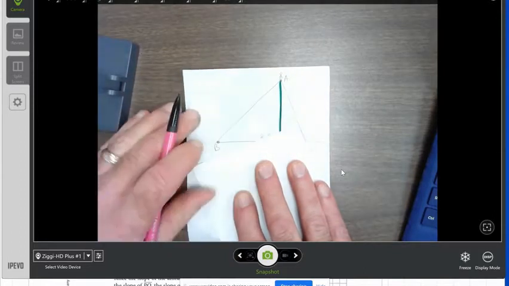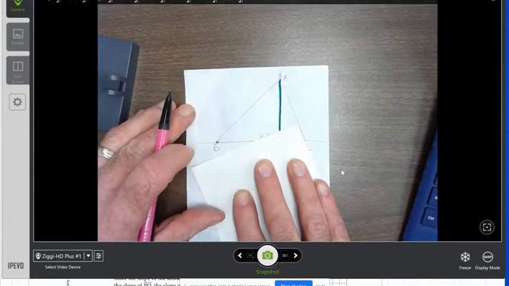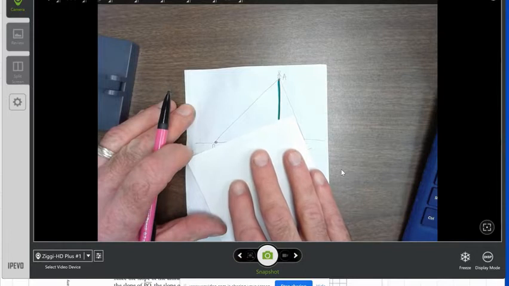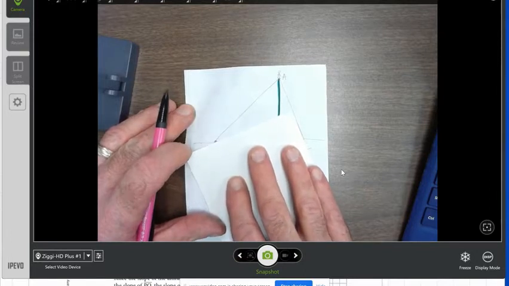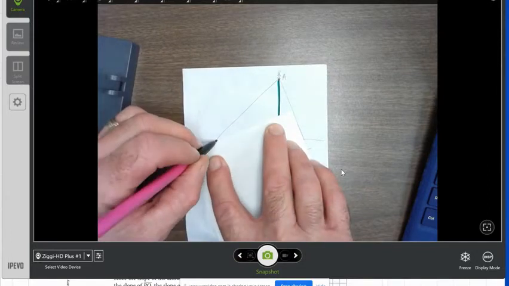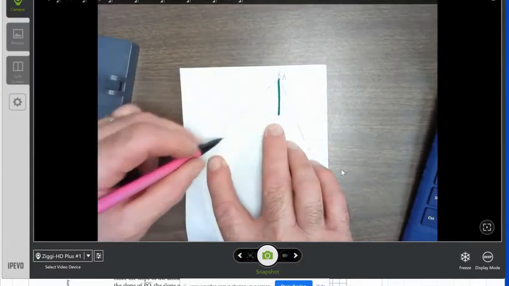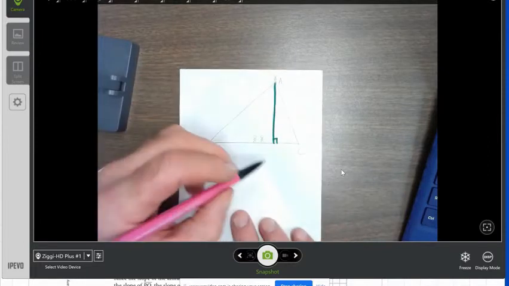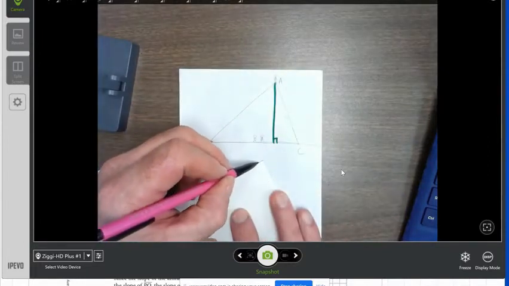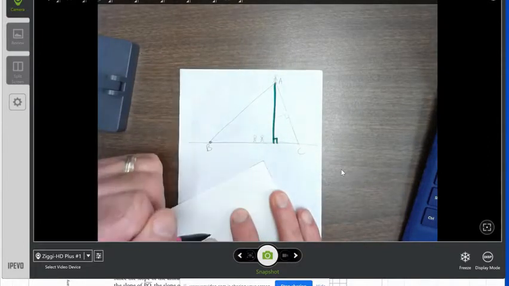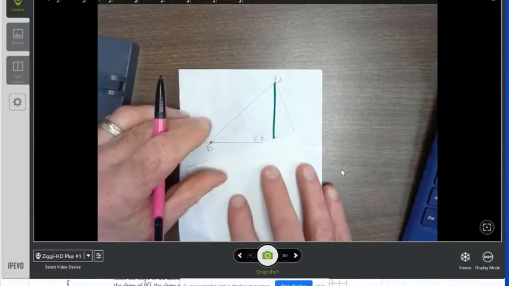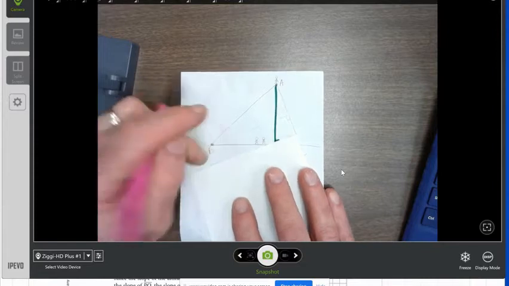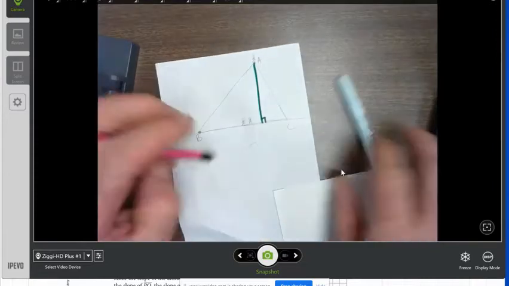I'm going to slide this card along AC until it goes through point B. Point B is right there, and so there's my altitude. Because that's forcing it. The purpose of the index card is that the corner of my index card is a right angle, and so that's forcing that angle to be a right angle. And so that's Vertex B. So that's one way to get that altitude.